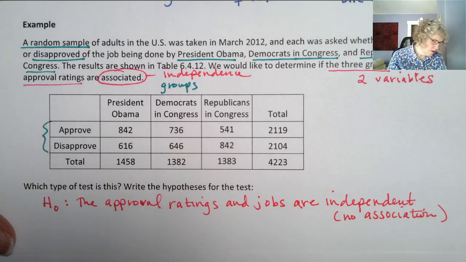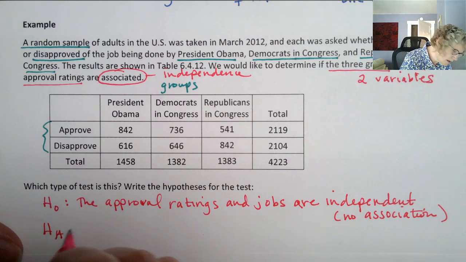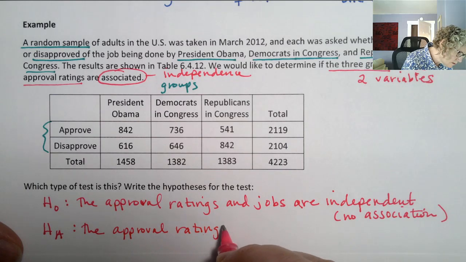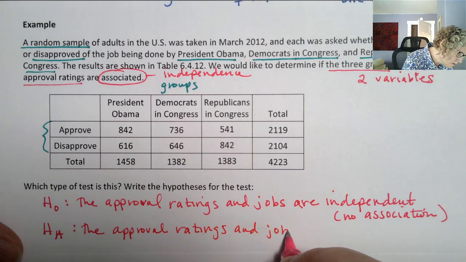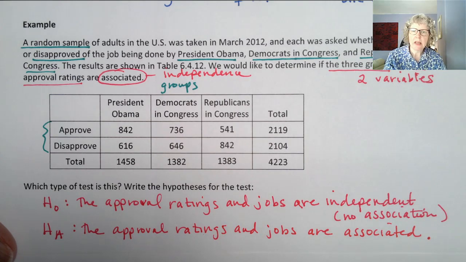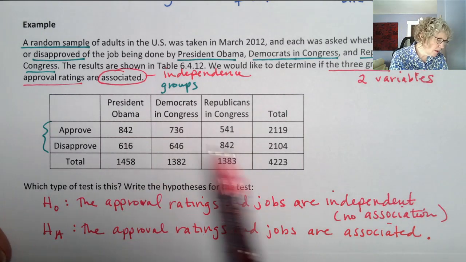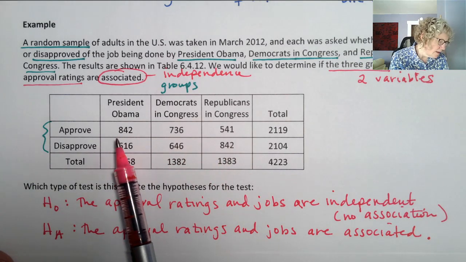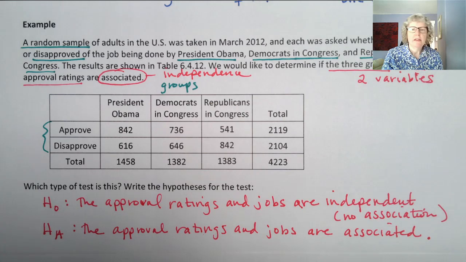Okay, and so the alternate, HA, will be the opposite of that. The approval ratings and jobs are associated. Okay, so keep in mind, we'll be looking at some probabilities here, and if there is no association, we would expect that the approval and disapproval ratings would be the same, right?